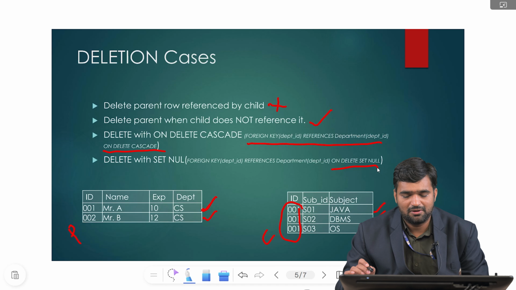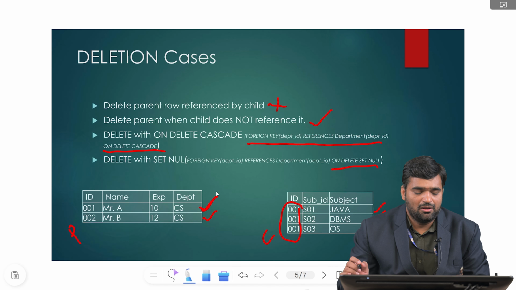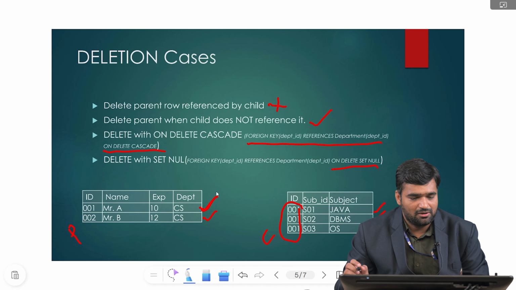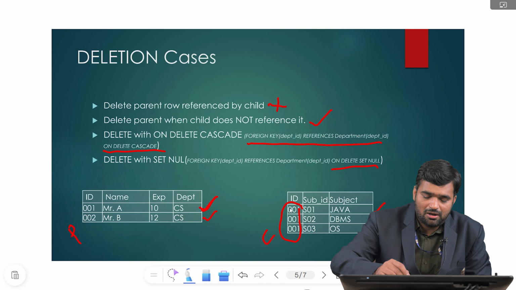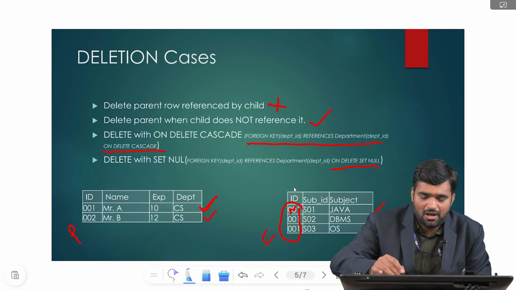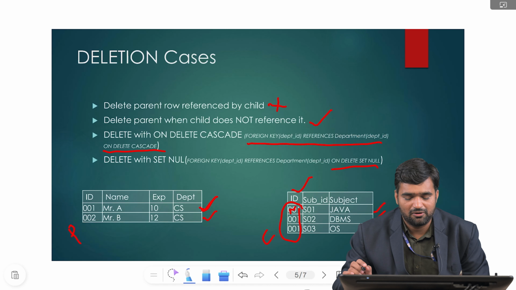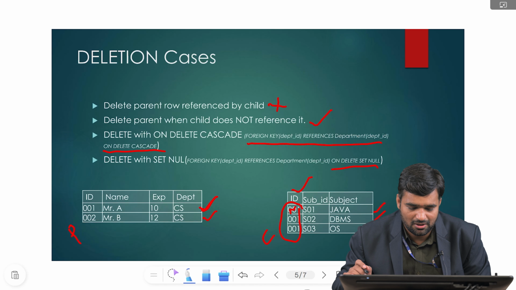If we set the foreign key with on delete set null, then whenever we delete a record with the ID 001 from the parent table, it is going to set a null value in the child table field of ID, but it is not going to remove the set of records we referred to in the child table. So that is the fourth case.